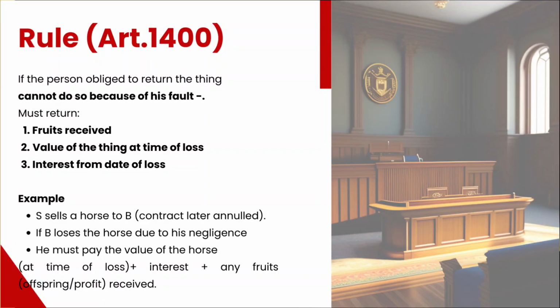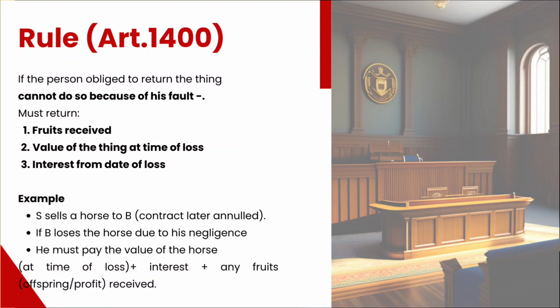Article 1402. If it is lost through his fault, his obligation is not extinguished, but is converted into an indemnity for damages consisting of the value of the thing at the time of the loss, with interest from the same date and the fruits received from the time the thing was given to him to the time of its loss.